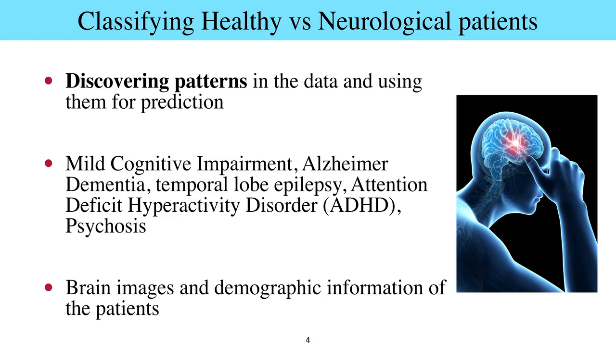let's talk about the classification problem that is used for classifying healthy versus neurological patients. Actually, the goal is discovering patterns in the data and using them for prediction on new data. There are many problems that are investigated using machine learning algorithms, many brain disorders, for example, mild cognitive impairments, Alzheimer's, ADHD, etc. And the data that we used for this classification problem is usually brain images, which can be fMRI, for example, or MRI images, along with demographic information of the patients and healthy subjects, for example, their age, their IQ, and other information like this.